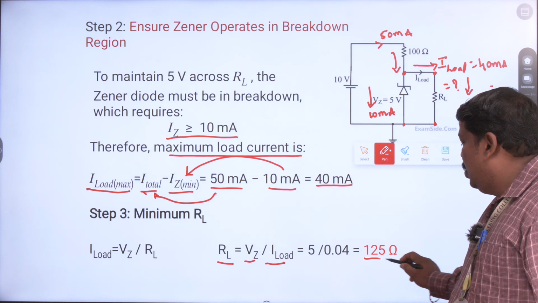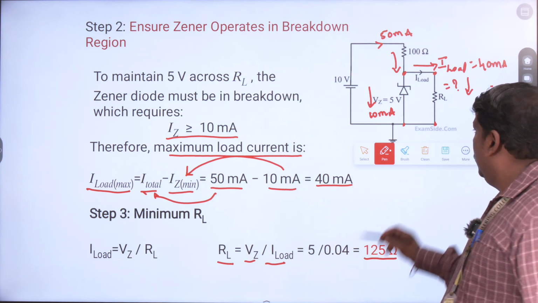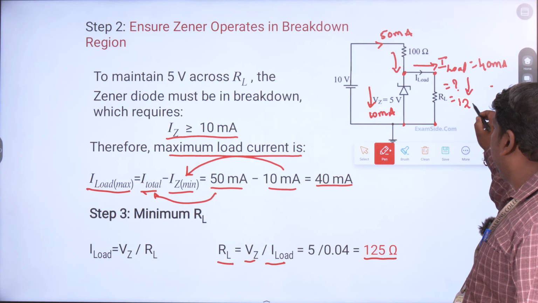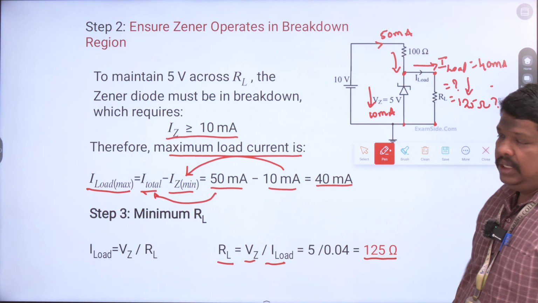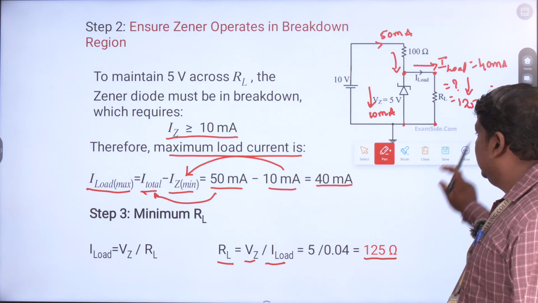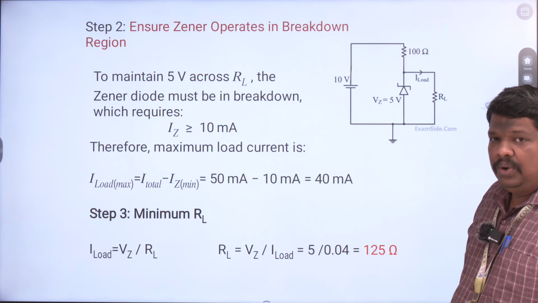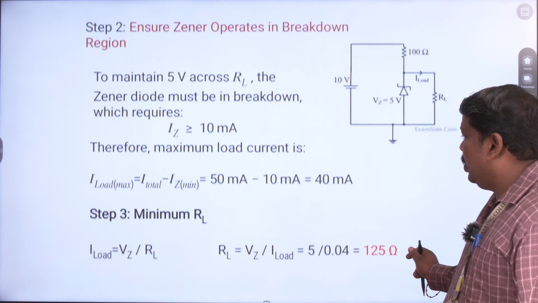So we get 125 ohms as your load resistance. Here 125 ohms is your load resistance.